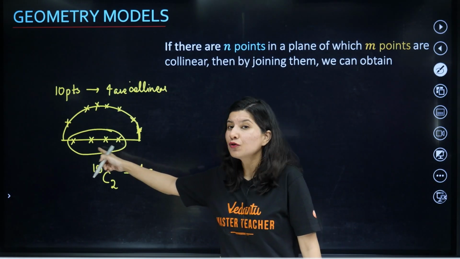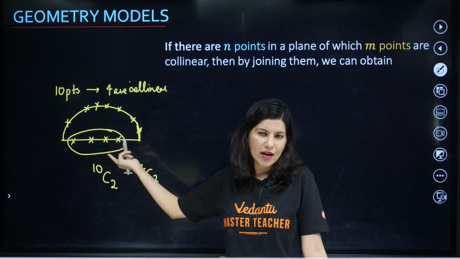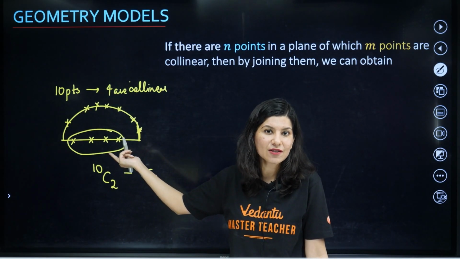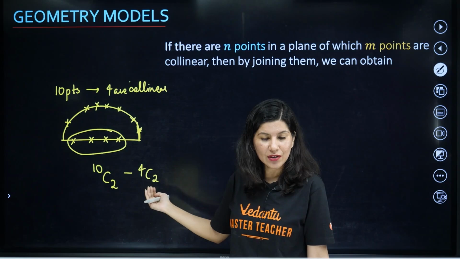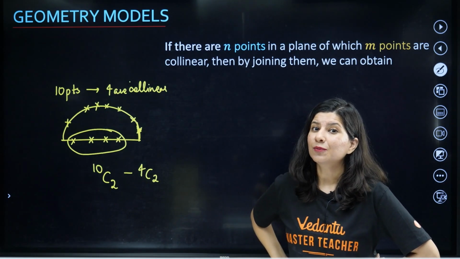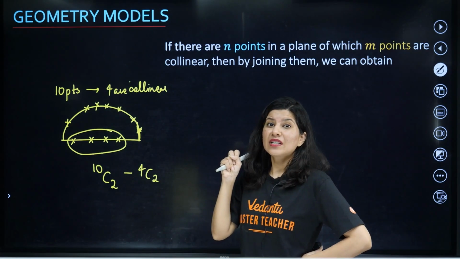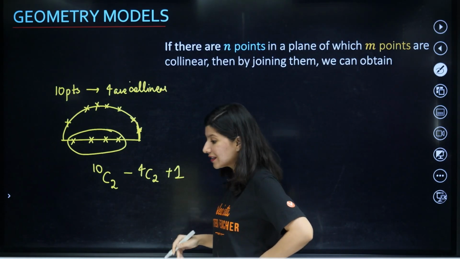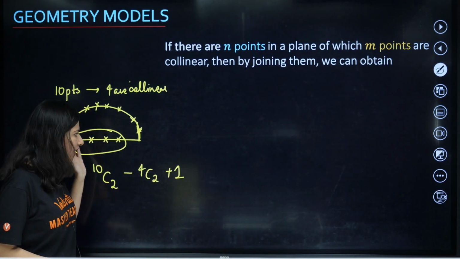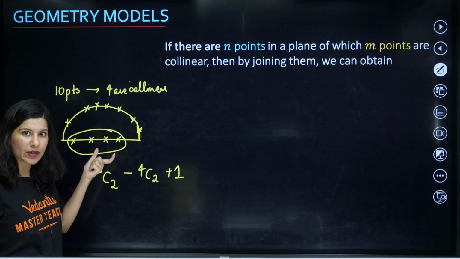So the selection of 2 points out of these 4 gives the total number of straight lines we have created from them, which is included in 10C2. We are subtracting it, but see, I actually subtracted everything. So I have to add plus 1, because one line is there. We should count it once, okay?